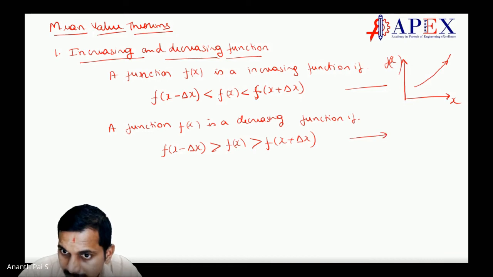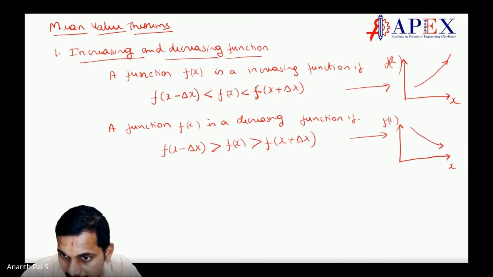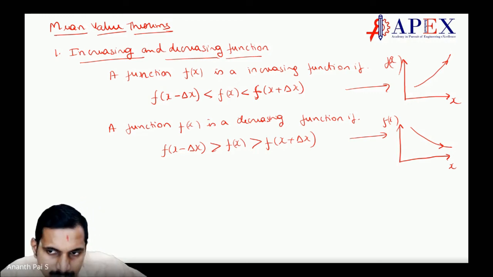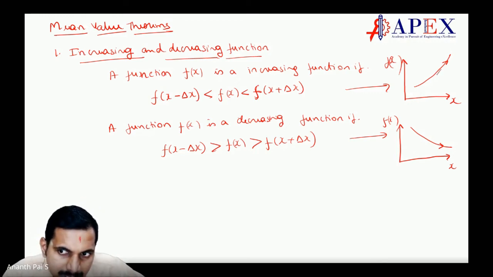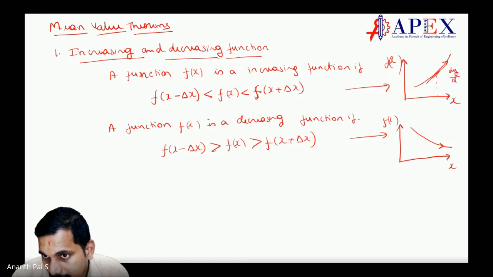When you consider a decreasing function, this is a decreasing function. Simple and straight, is it not? Very, very simple. Now one of the things you have to understand: when it is an increasing function, the slope is always defined in terms of differentiation, dy by dx.